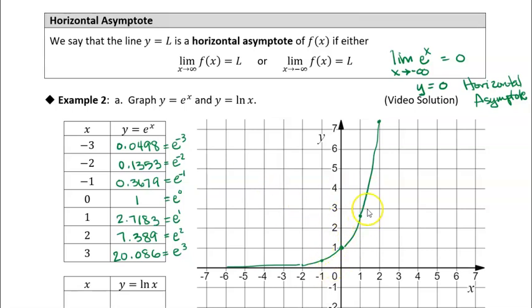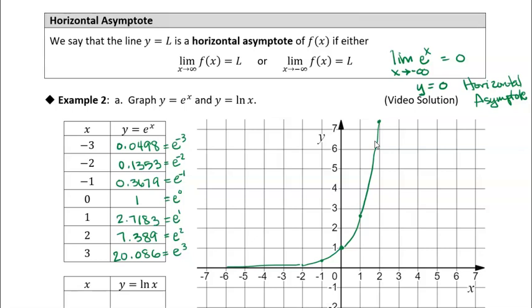Then I've plotted those points over here, at least the ones that are as close as I can get. Now, it starts getting pretty small and it's hard to graph 0.0498. But you can see the values of e to the x are getting closer and closer to 0. So this is what the graph of e to the x looks like.